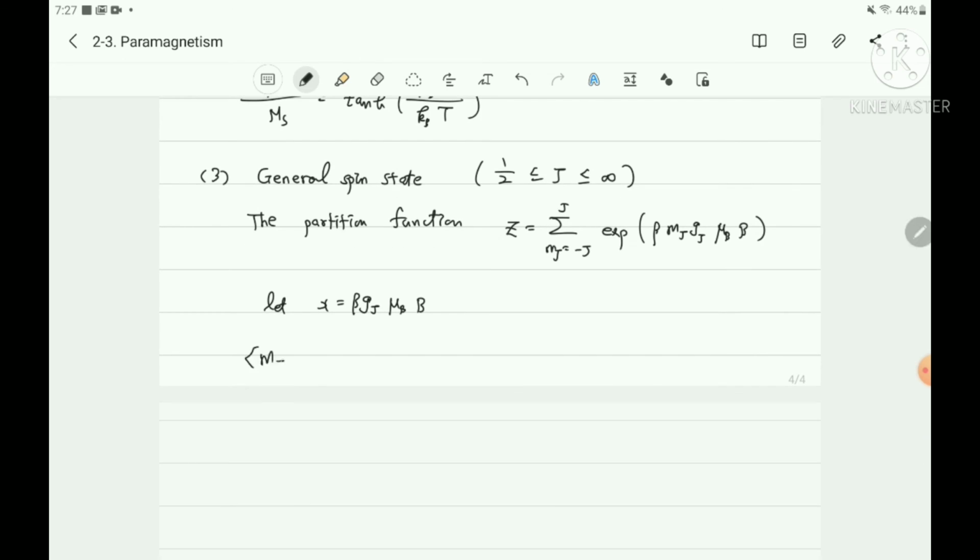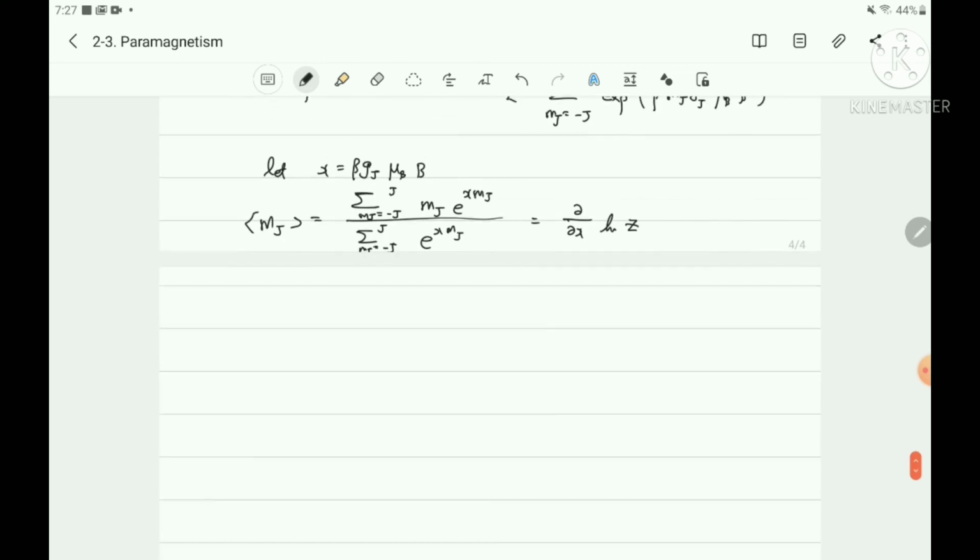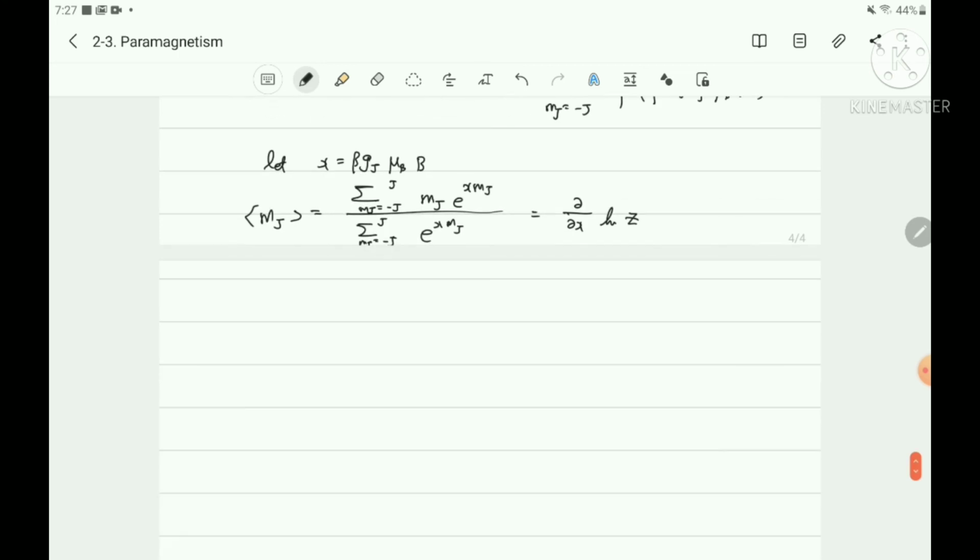Then the expectation value for mj is the summation over mj from minus j to j of mj exponential x mj, over the summation over mj from minus j to j of exponential x mj. It is like the partial derivative with respect to x of ln g.